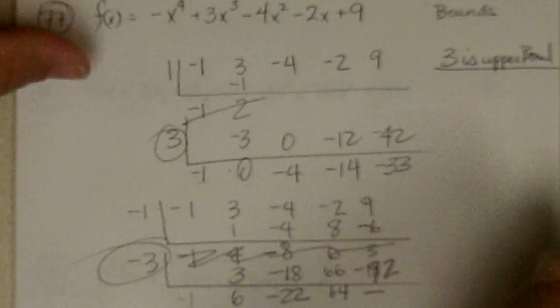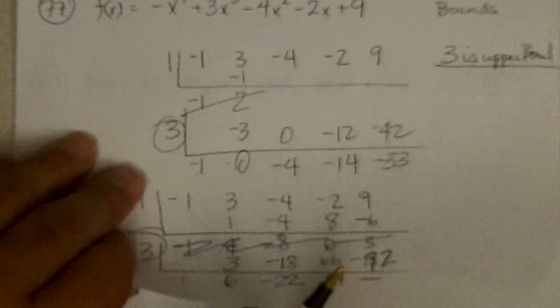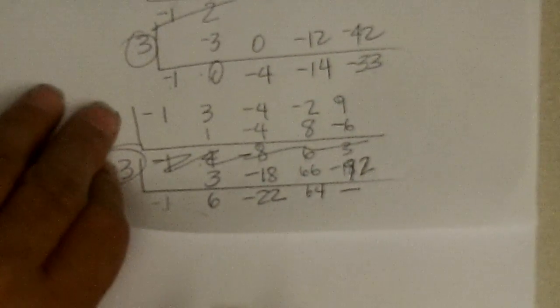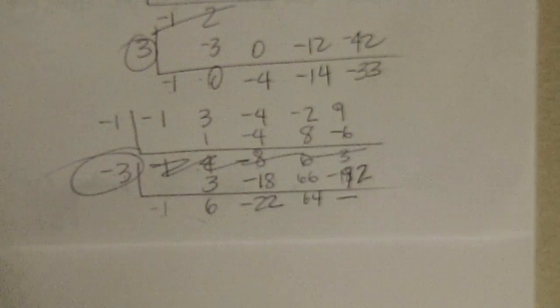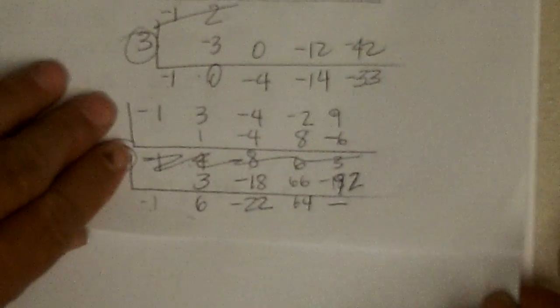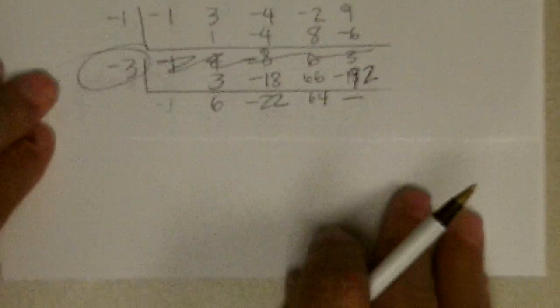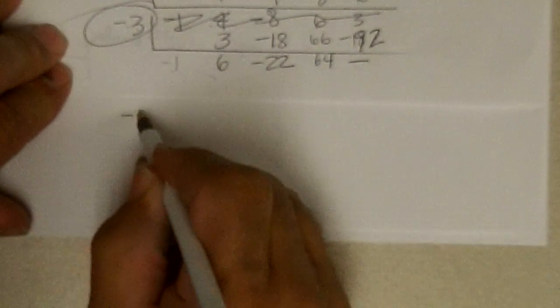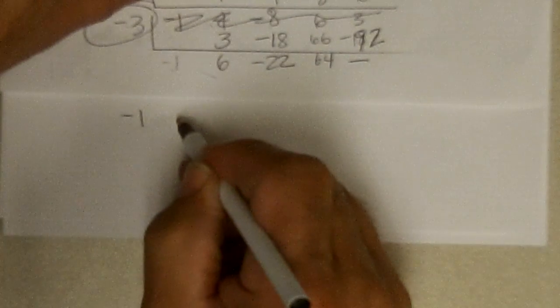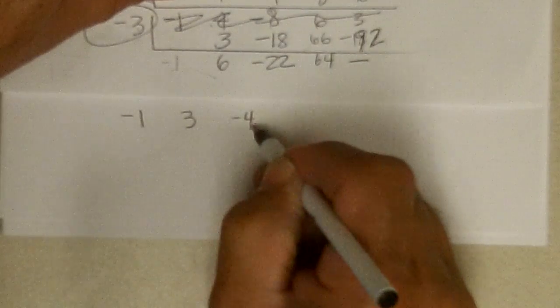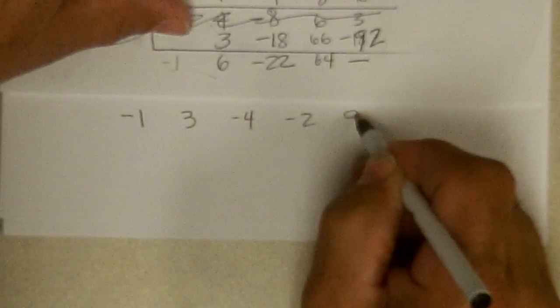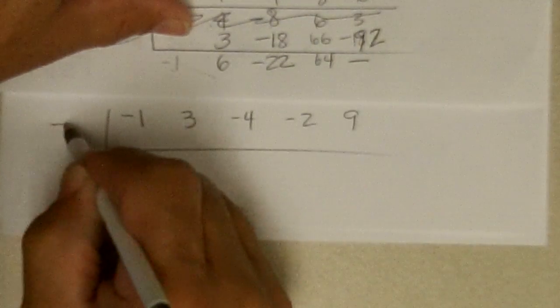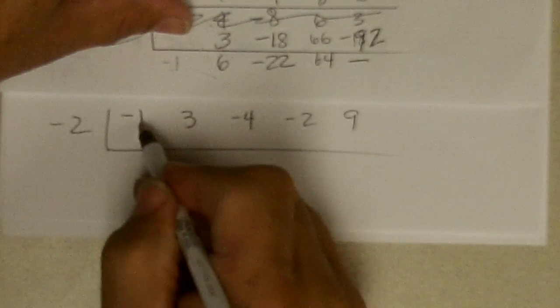Let's see here. Let me slide this down here, get a little more paper. I'll do it on this one. So I've got the original function at minus 1, 3, minus 4, minus 2, 9. If I do negative 2, it might be the lower bound.